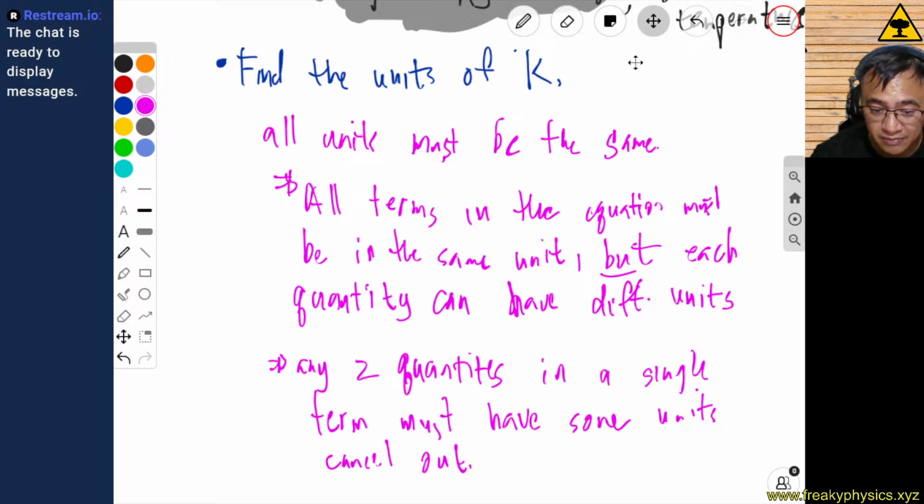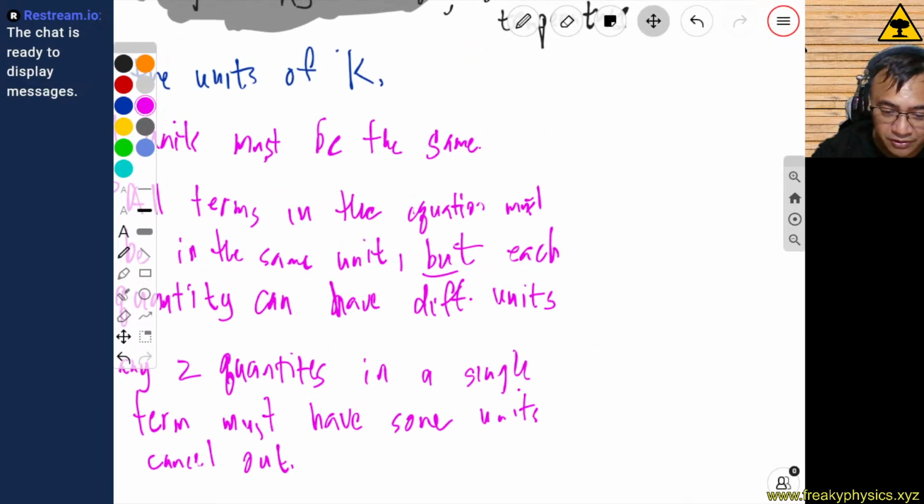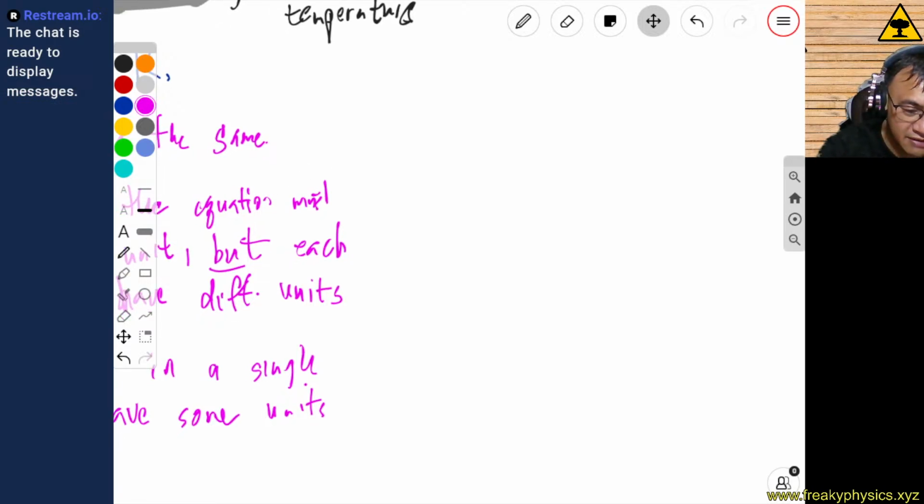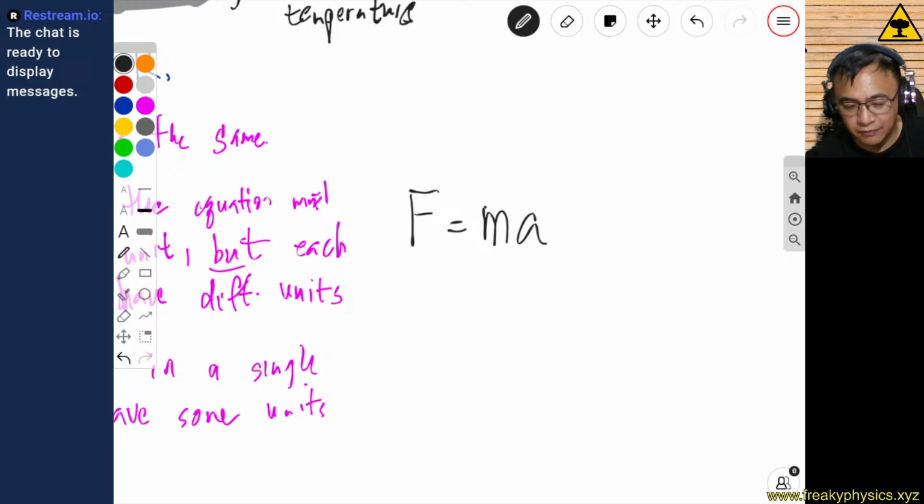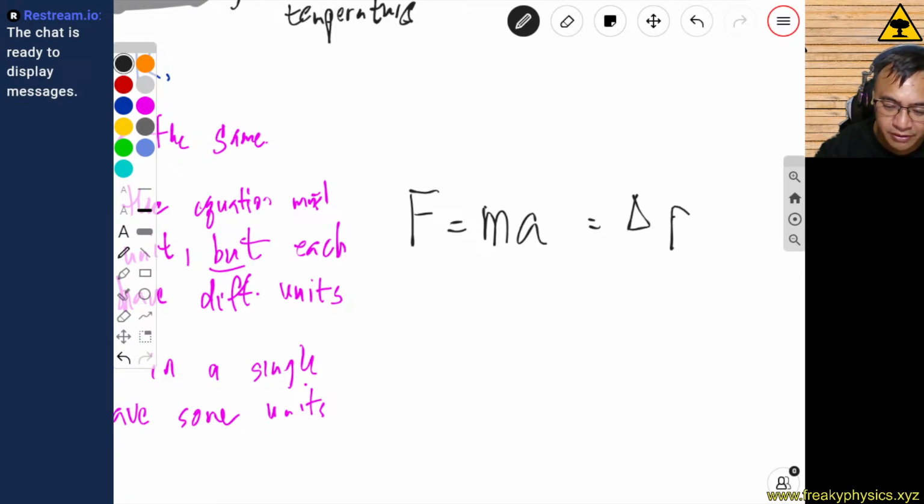Let's go back before we go to that question of find the units for k. I'll give an example here on the side. For example, we know for a fact that F equals ma, right? And we also know that F is equal to the change in momentum over change in time.